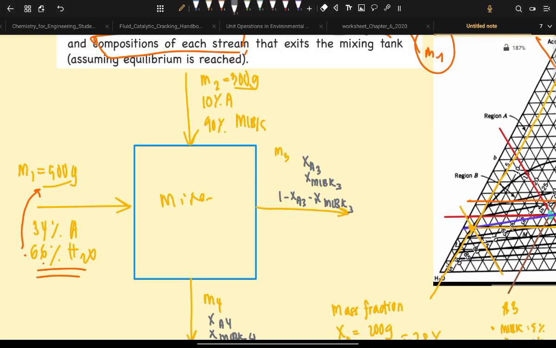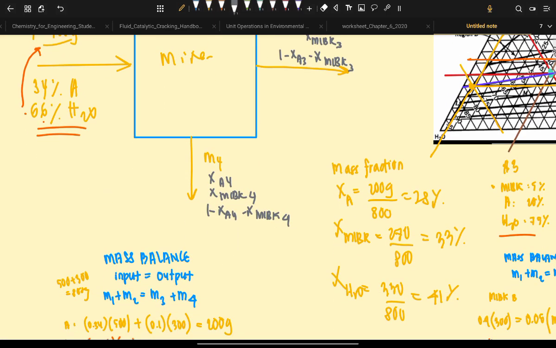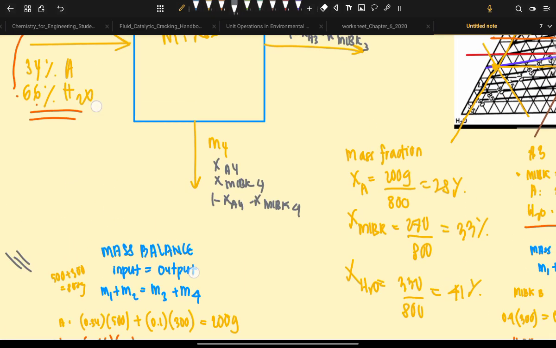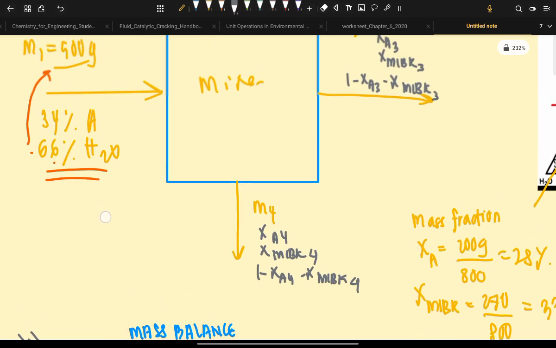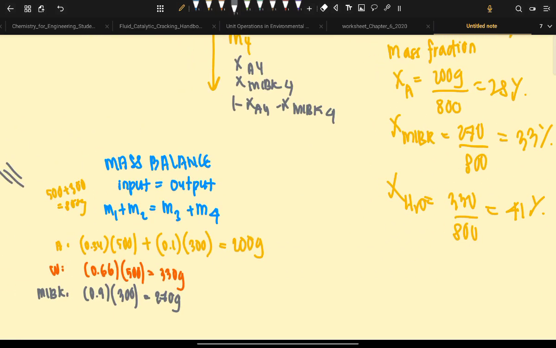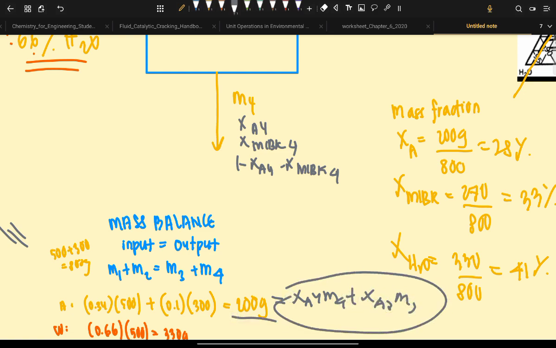First we extract the data by using the block diagram to make it clear, and then just use the mass balance to relate the total mixture input to the output, which is 200 gram equals XA4 M4 plus XA3 M3. This equals 200.